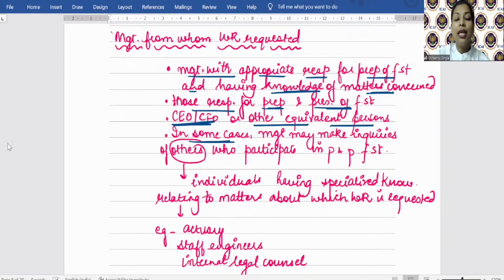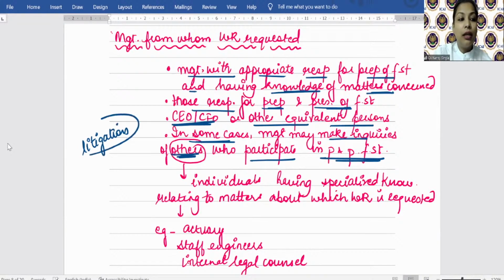In some cases, management makes inquiries of others who participate in preparation and presentation of financial statements. For example, with respect to litigations, how the liability with respect to the litigation going against the company needs to be presented in the financial statements.